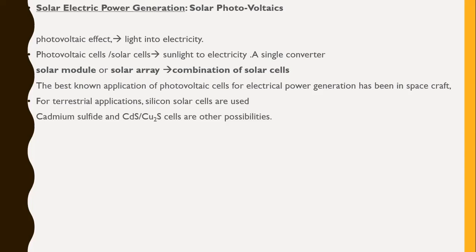So at these places we cannot have power lines, and to overcome the disadvantages of power lines, here we are using photovoltaic cells.